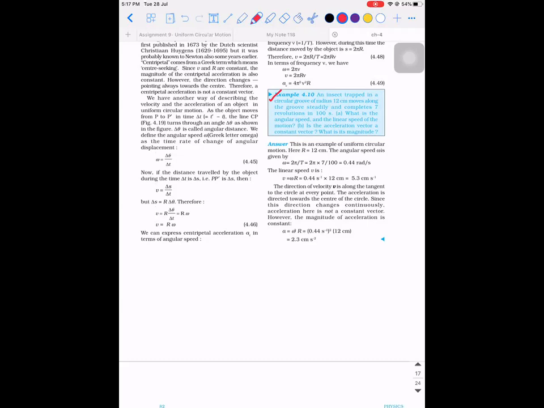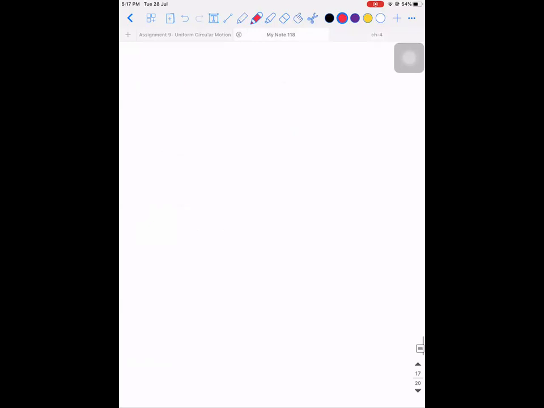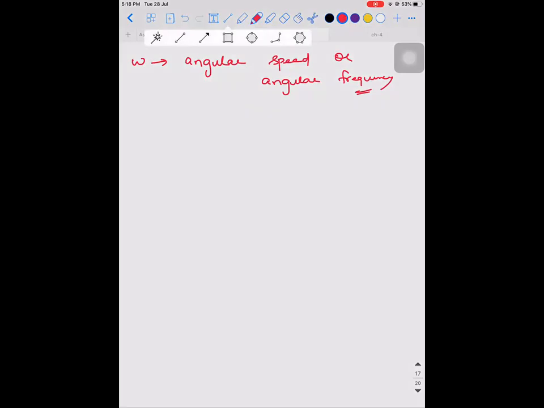You guys asked about omega, right? So what is omega? Omega is called the angular speed. It is also called angular frequency. As of now, concentrate on the basics.